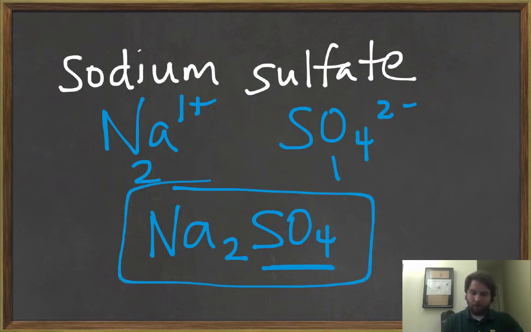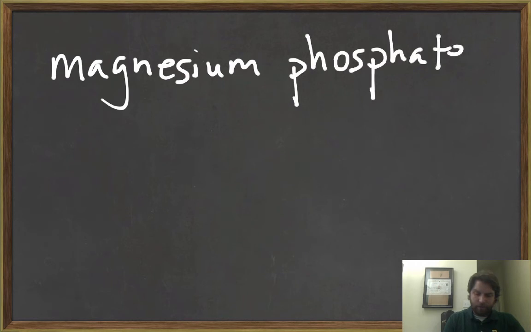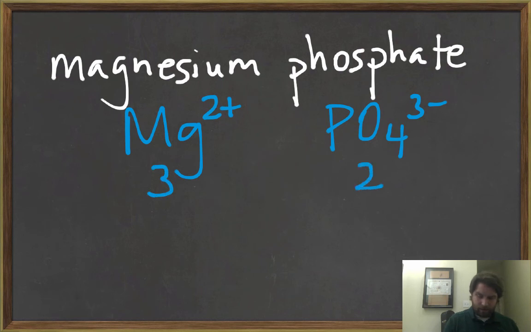Okay, let's do another one. Something like magnesium phosphate. This is one where I'm going to show you the rule with parentheses in polyatomics. We know magnesium is Mg, and it has a +2 charge because it's in the second column. Phosphate, you guys know, is PO4 with a -3 charge. There's another one where you have a 2 and a 3. We want those charges to add up to 0, so we will need 3 magnesiums and 2 phosphates.